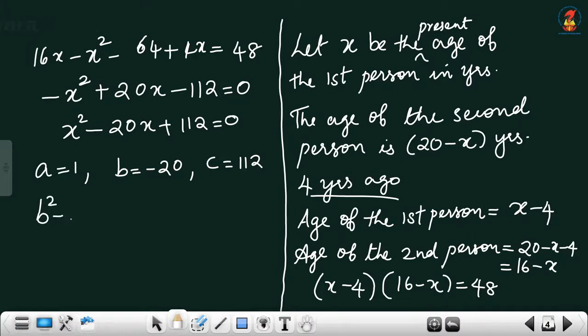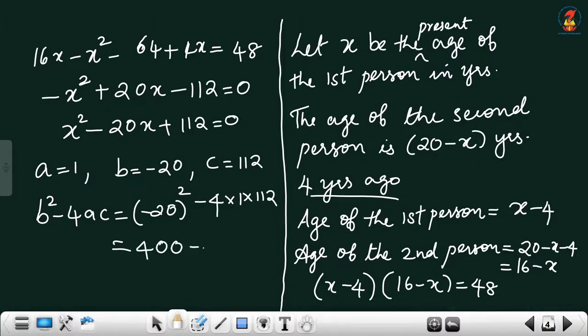So, b square minus 4ac is equal to minus 20 square minus 4 into 1 into 112, which is equal to 400 minus 448. So, that is equal to minus 48, it is less than 0. Since b square minus 4ac is less than 0, this situation is not possible.